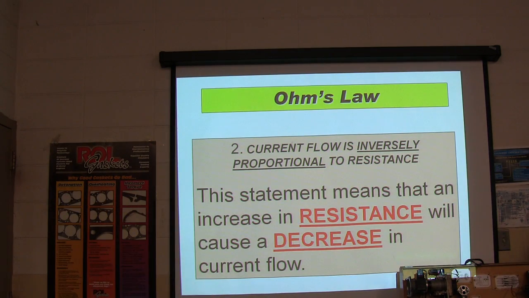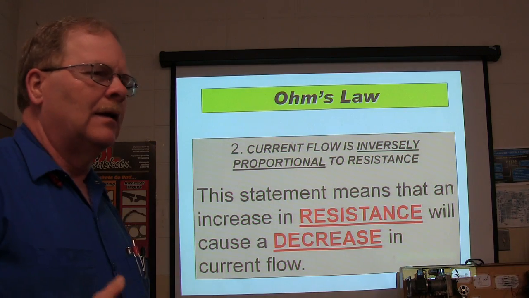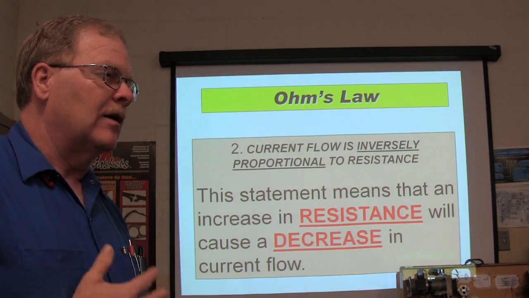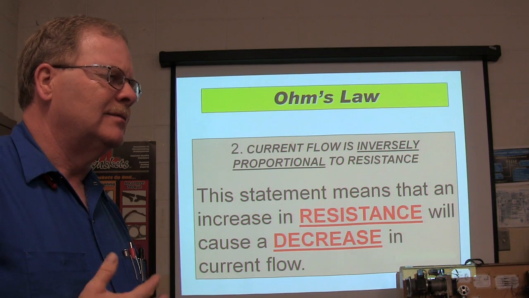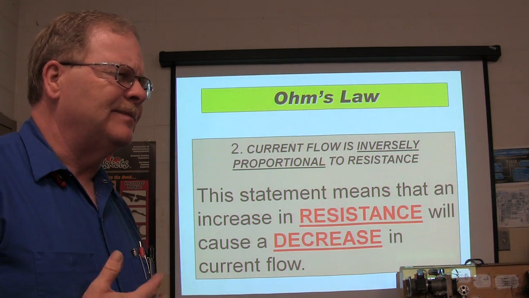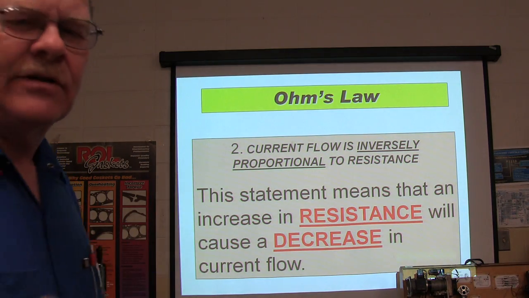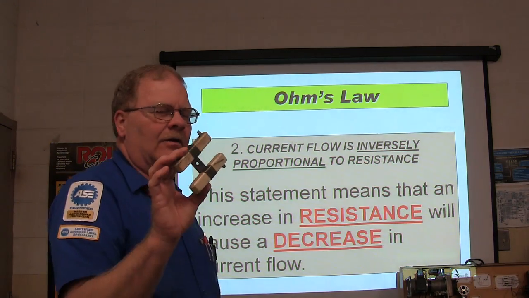What else happens when you have resistance? Why are resistors made of ceramic? Because they get really hot. See these resistors right here? These came off of a fan on an Oldsmobile.